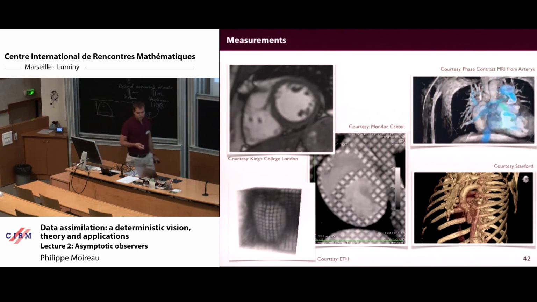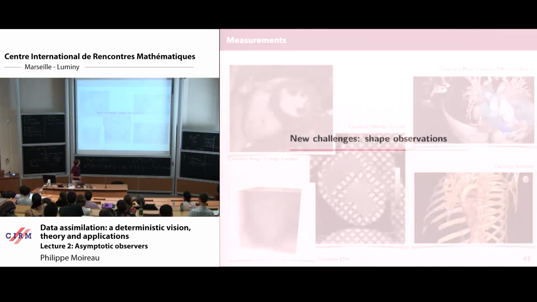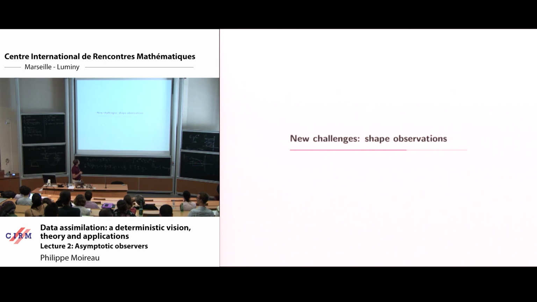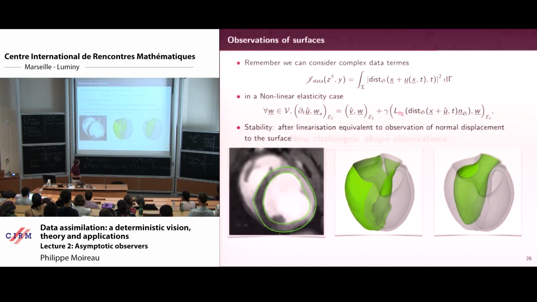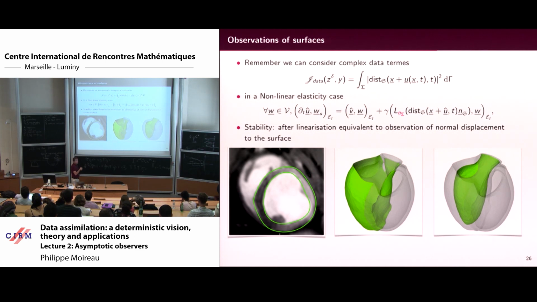So for all these reasons, we faced new challenges which are based on the shape observations situation. So basically, what do you do if the observations are only the green contour here that medical doctors have drawn from the MRI?